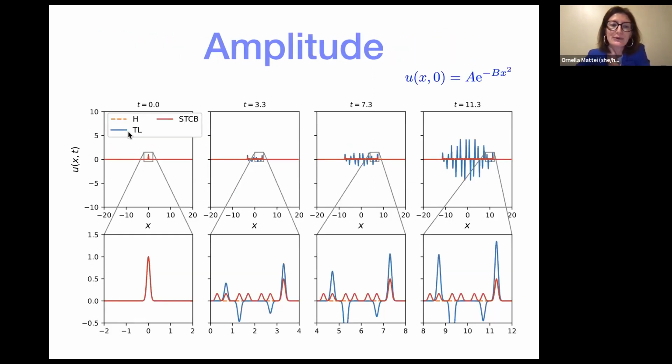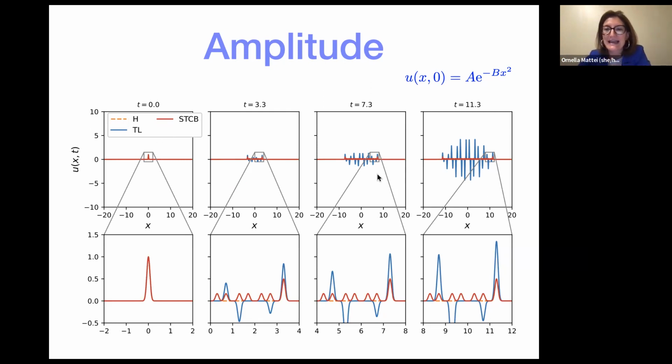Then in blue, you see the result of the propagation of the same pulse in a time laminate that has exactly the same properties as the space-time checkerboard. And then in orange, you see the result in a homogeneous material, where the properties are chosen to be the same as the material properties of the material where you center the Gaussian at time t equals 0.